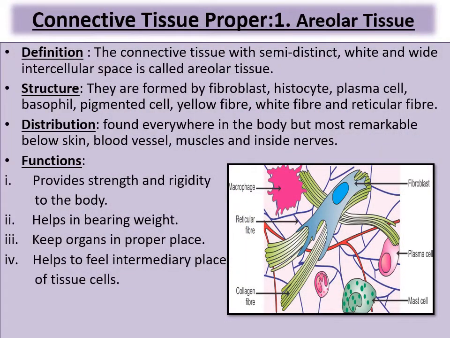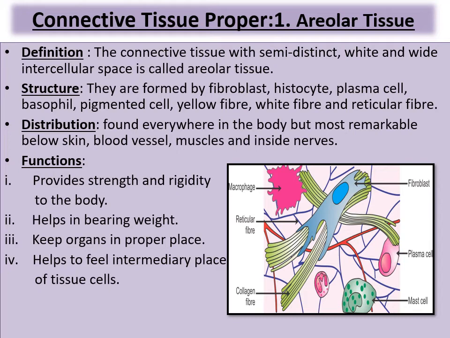So first we will start with areolar tissue. So what is areolar tissue? The connective tissue with semi-distinct white and white intercellular space is called areolar tissue. If we look at the picture given, we can find some important features: they are formed by fibroblast, histiocyte, plasma cell, basophil, pigmented cell, yellow fiber, white fiber and reticular fiber.